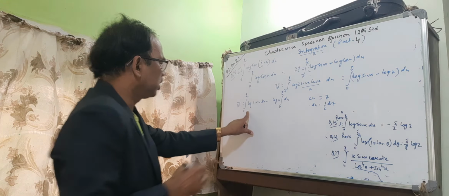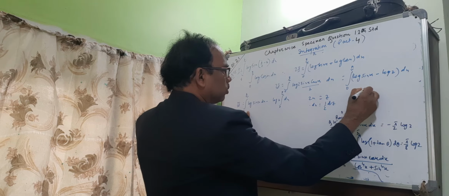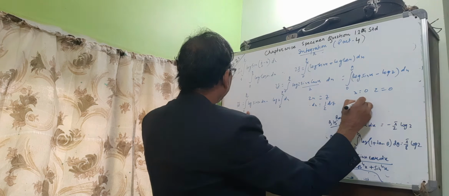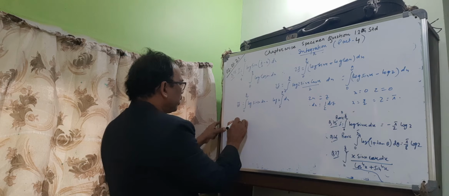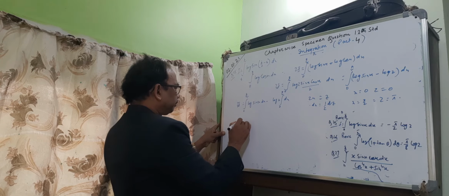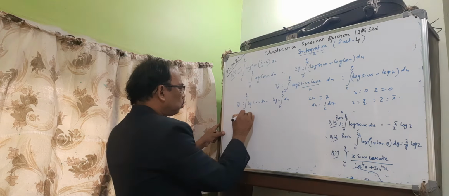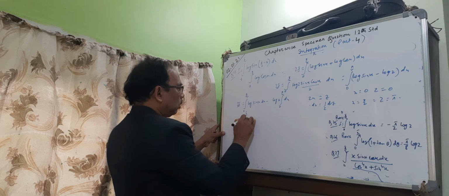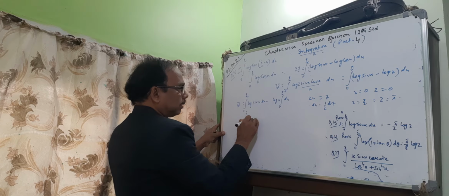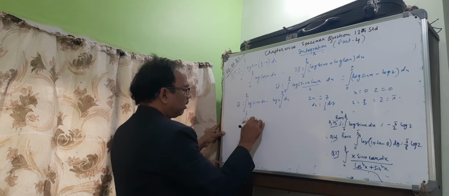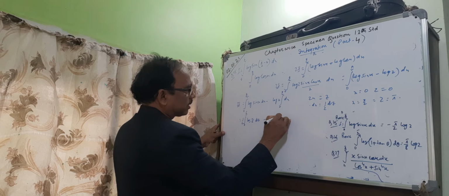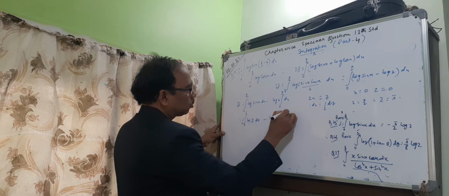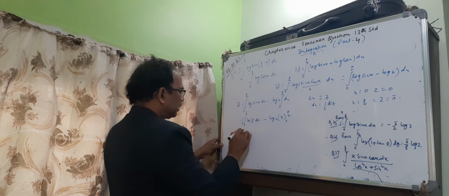Now change the limit: when x equals 0, z equals 0, and when x equals pi by 2, z equals pi. The limit should be changed, that is 0 to pi of log sin z, with a half, half dz, minus log 2 times the integral of dx, which is x from 0 to pi by 2, that is half.